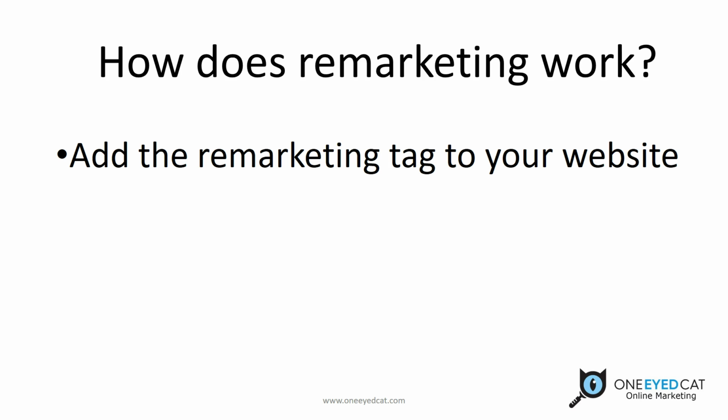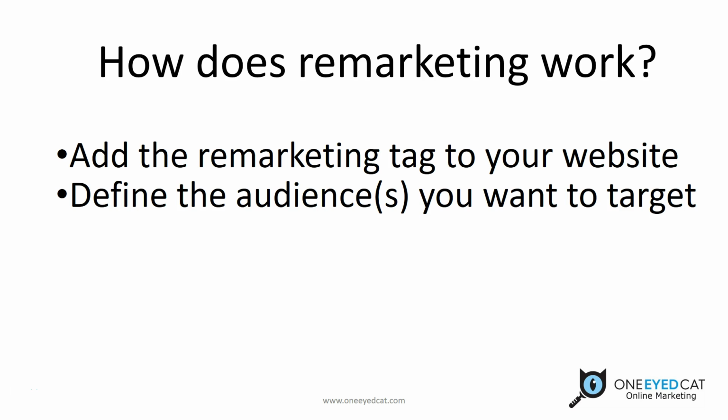So in order to use remarketing, the first thing you need to do is to have that remarketing tag on your website. That allows you to build these, what we call audiences or lists, remarketing lists.